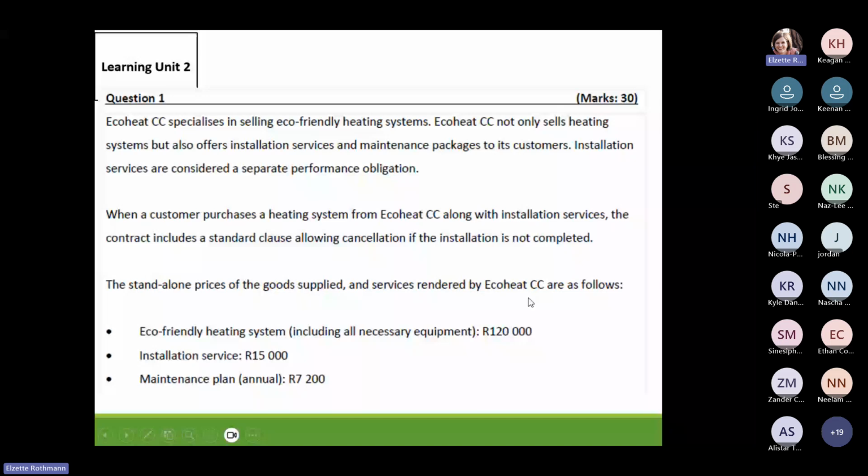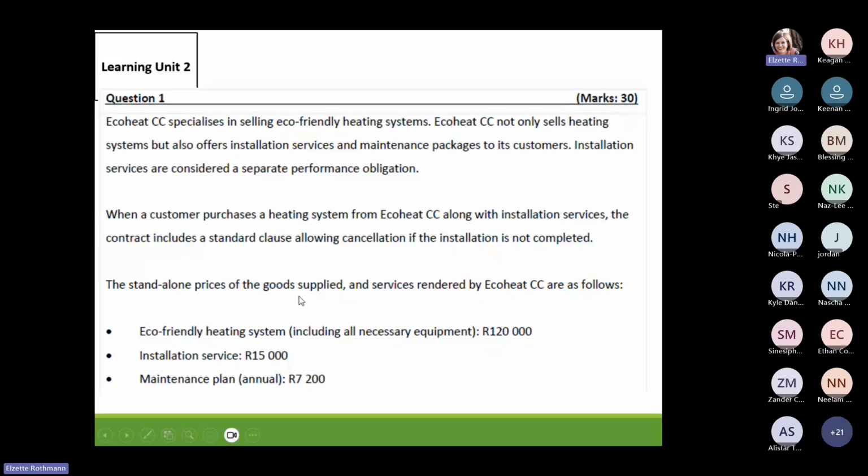And because they give you the standalone prices for all three of these items, and in transaction 2 they specifically tell you they purchase all three for one amount, then we need to use the standalone price. Okay, so what I'm going to do is first discuss the calculation and then we'll go back to discussing.